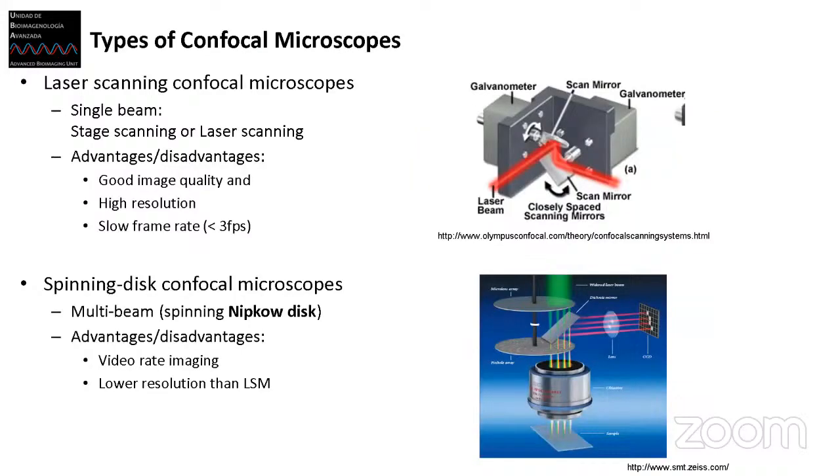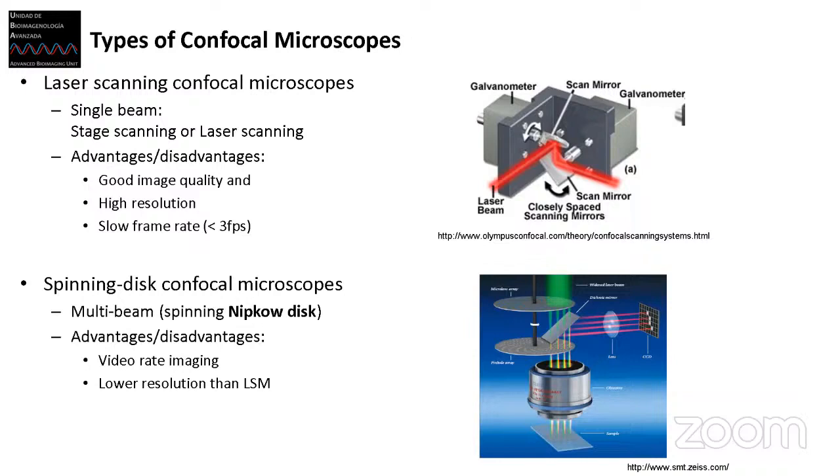Okay, speaking about scanners, the galvanometric scanners are optical elements which have two motors that can move independently these two mirrors. One scans the X axis, and the other scans basically the Y, and then you do the scanning and you form an image in your microscope.